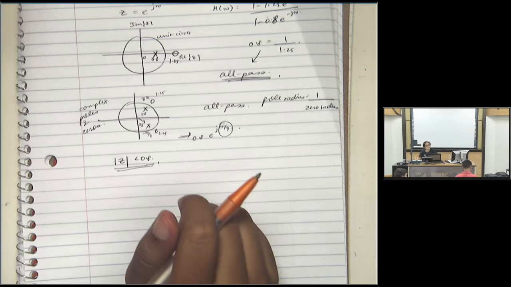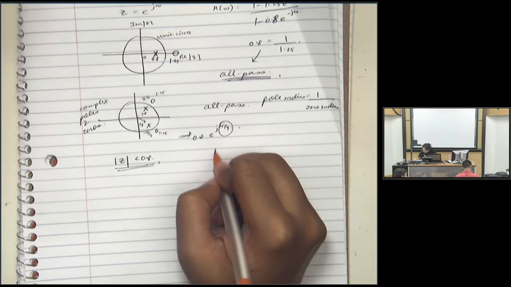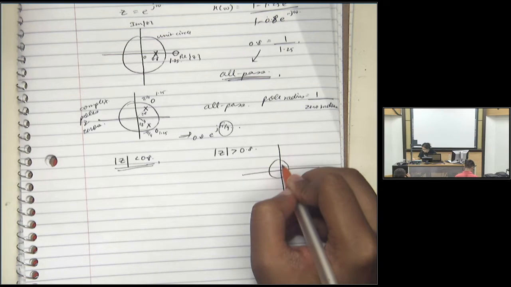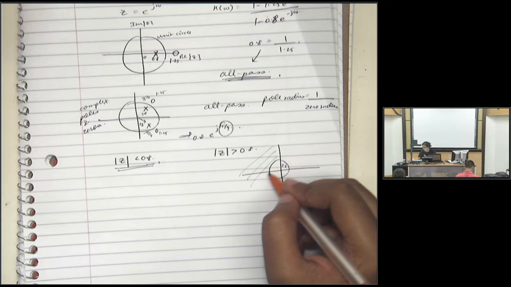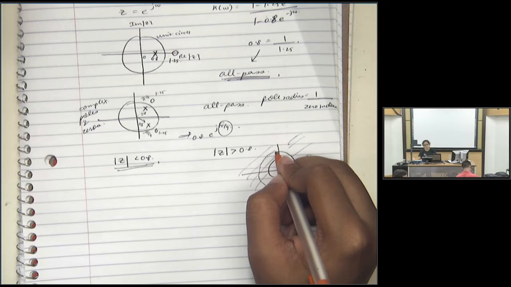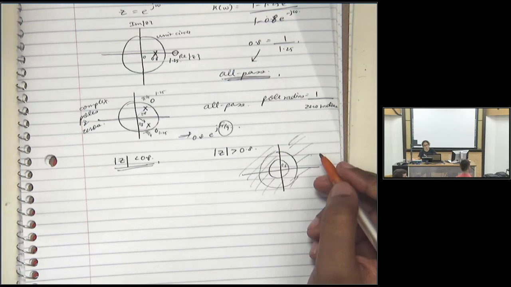When you say it's not in the unit circle, if it's below that region of convergence, what do you mean by that? So when I have mod z greater than 0.8, this means that I have a circle of 0.8 radius and everything outside is my region of convergence. So the unit circle has a radius of 1. So my unit circle is part of the region of convergence. And that's what you want.